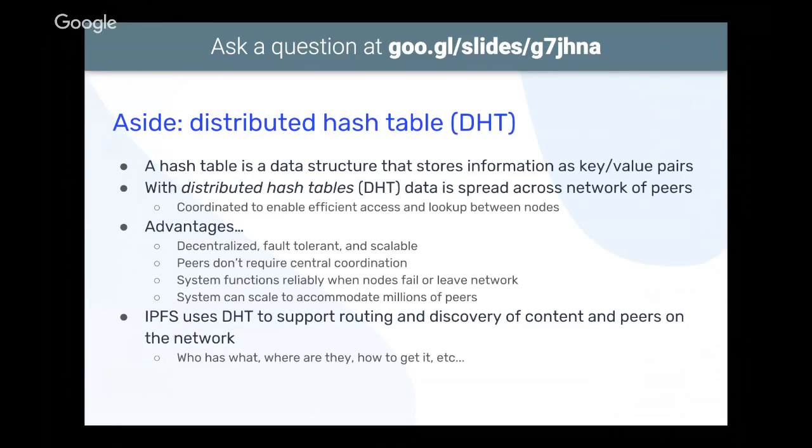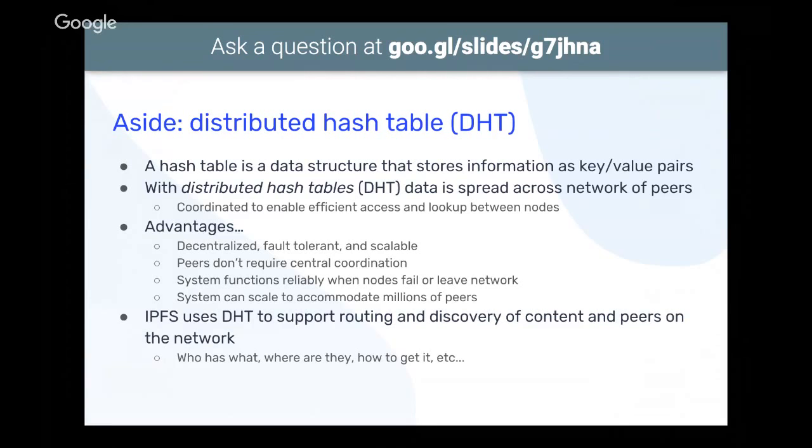And this brings us to our next aside, which is distributed hash tables. So when I say things like query the network or ask the network or get it from the network, what I'm actually saying is query the distributed hash table. Okay, so what does that mean? First, a hash table is a data structure that stores information as key value pairs.